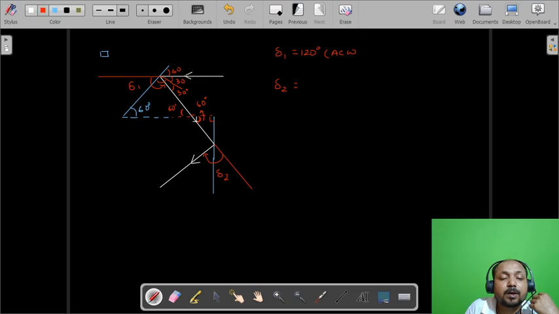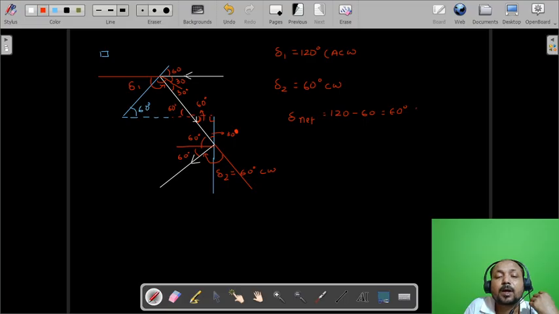This is 90 degree, so this angle will come out 30 degree. If this angle is 30 degree, so this angle will be 60 degree, so this will come out 60 degree clockwise. So the net deviation can be given as 120 minus 60, which is equal to 60 degree anti-clockwise.